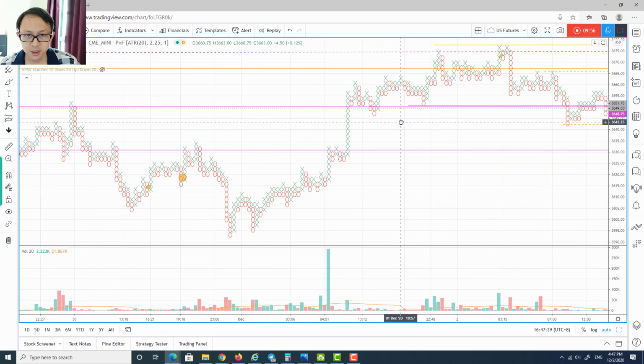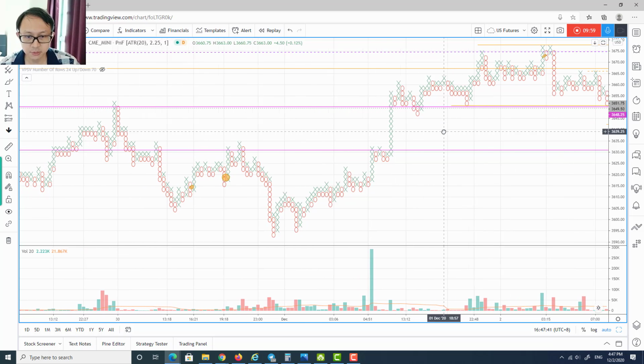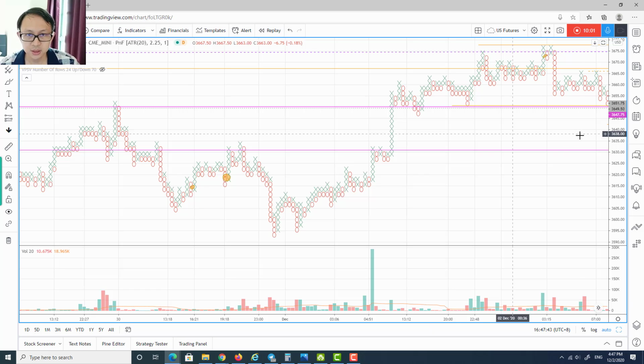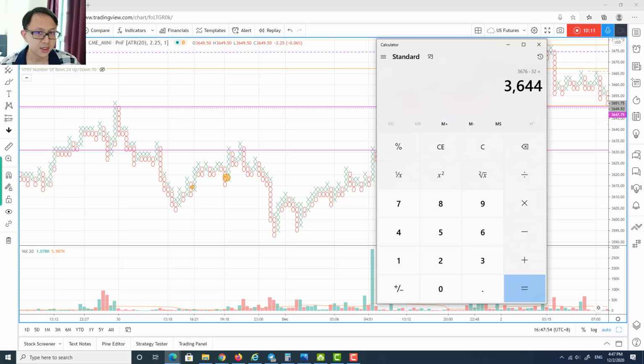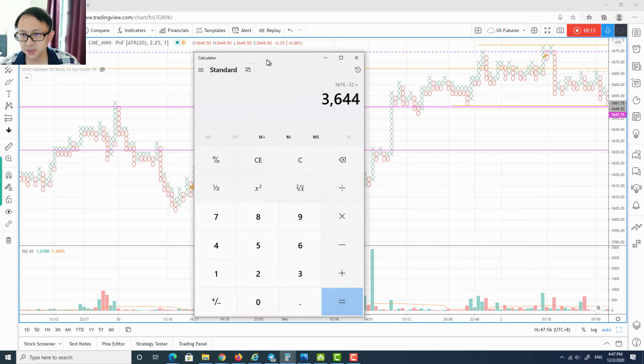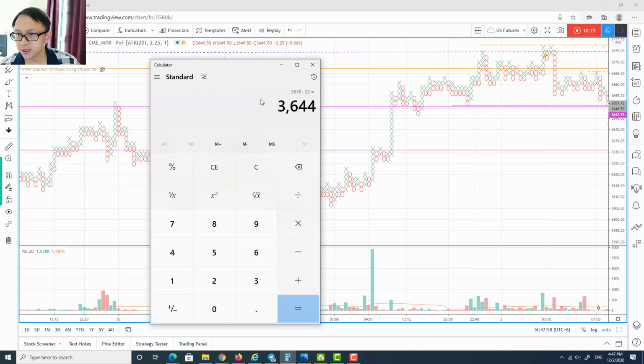But anyway, it doesn't matter because the objective of having a point and figure calculation or projection is not to be precise or accurate. What we are actually aiming for is a target range or an area of the target. So let's just see how it actually ends up.